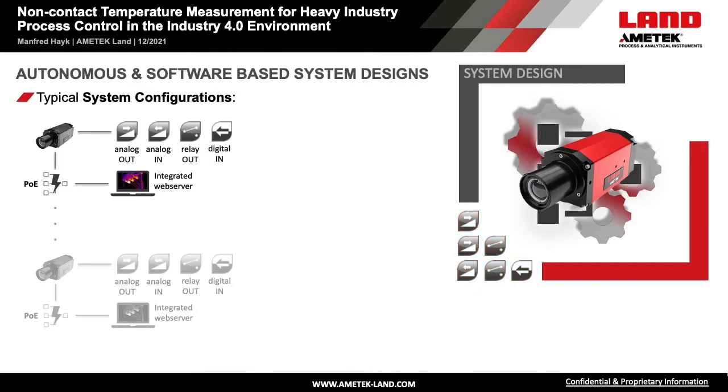This is a typical configuration using the thermal imager, the LWIR640, autonomously. It is connected by the Power over Ethernet connection. So you can use the integrated web server and configure the whole camera and the I/Os. And you can then use the analog out, the analog in, the relay out, or digital in, and configure all these functionalities.